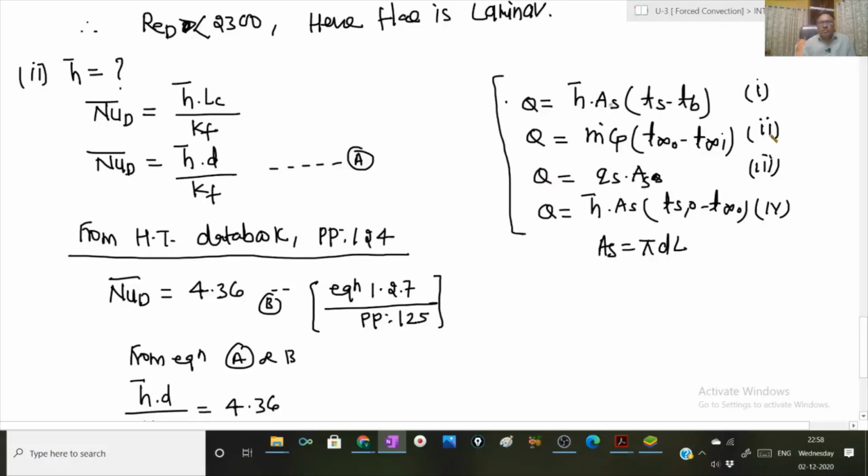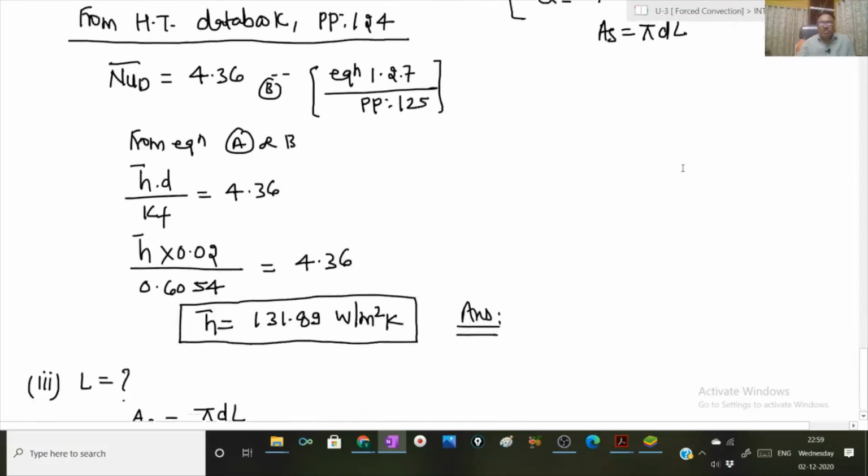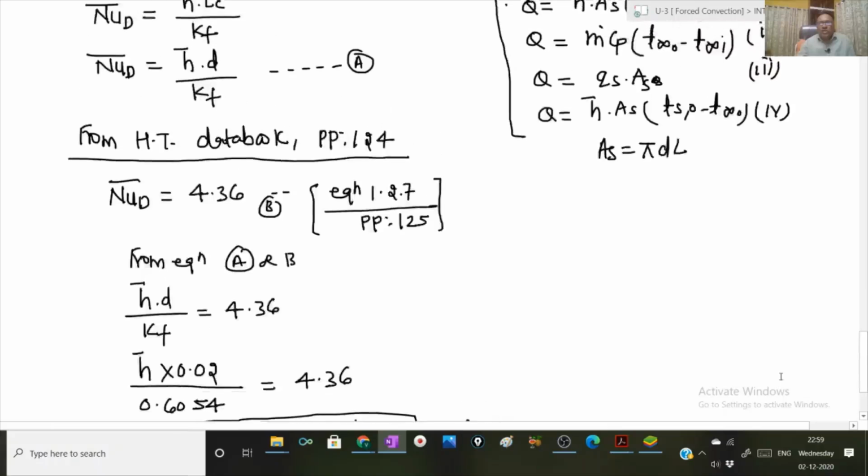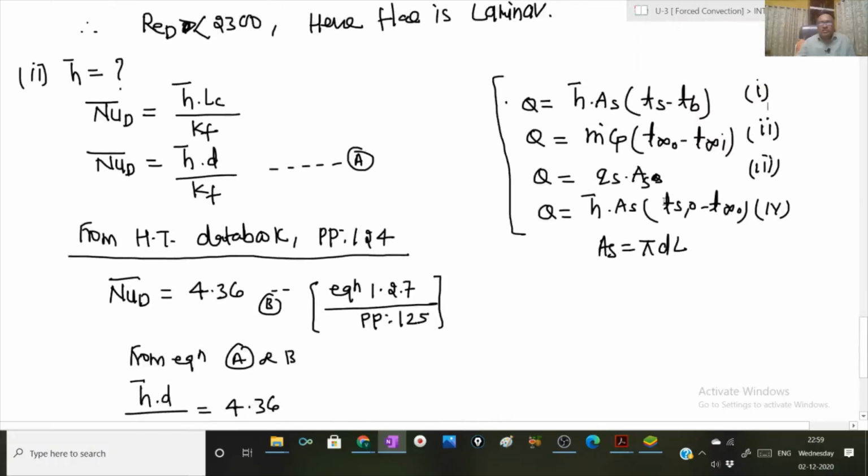So combining equations 2 and 3 will serve my purpose, because after combining them I can easily calculate As, and once As is known to me, I can easily calculate the length of the pipe.